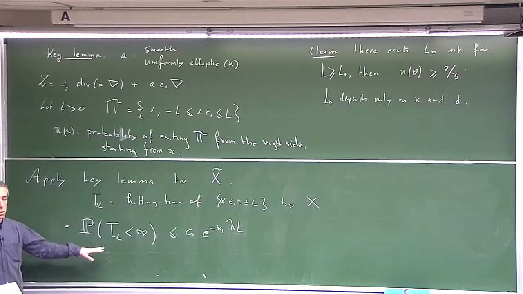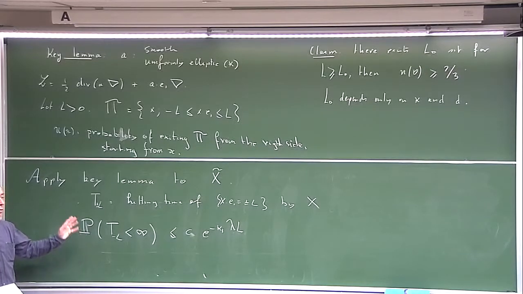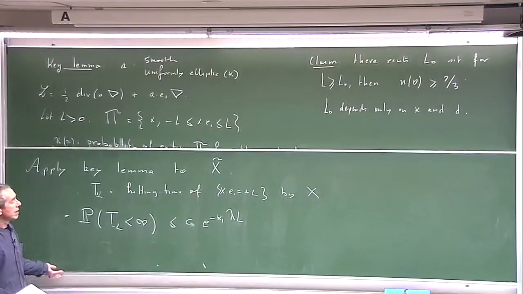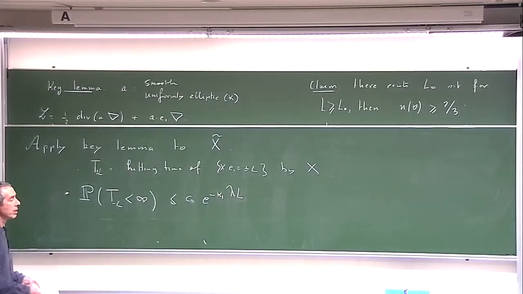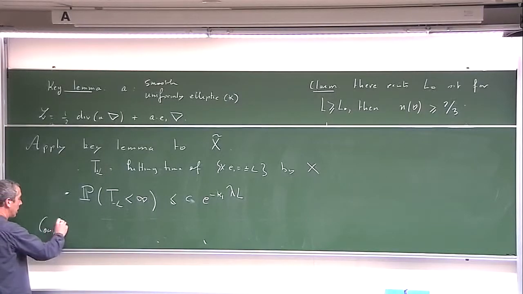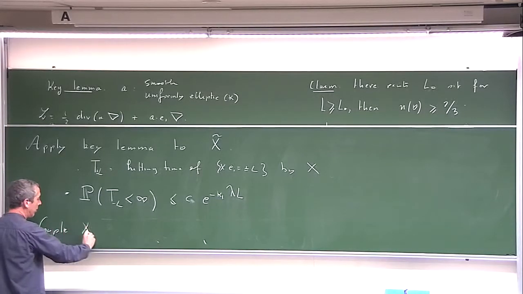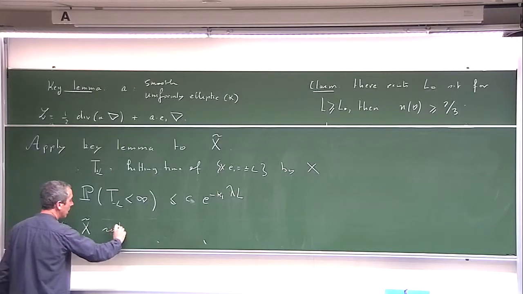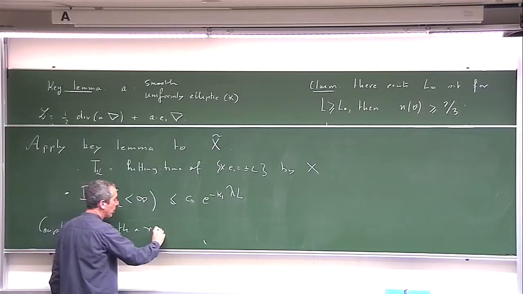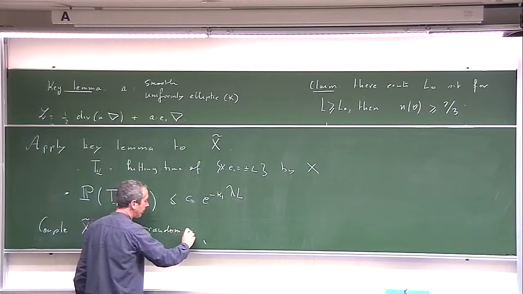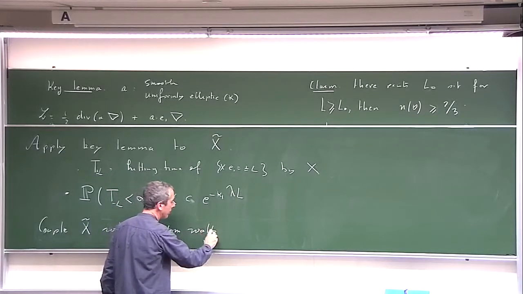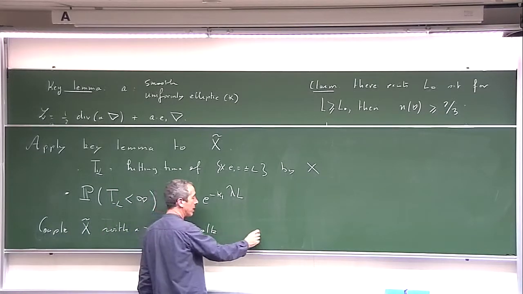And that's easy because you can compare the process x tilde with the random walk which has a bias. So you use the key lemma to couple the process x tilde with a random walk which does something like that.